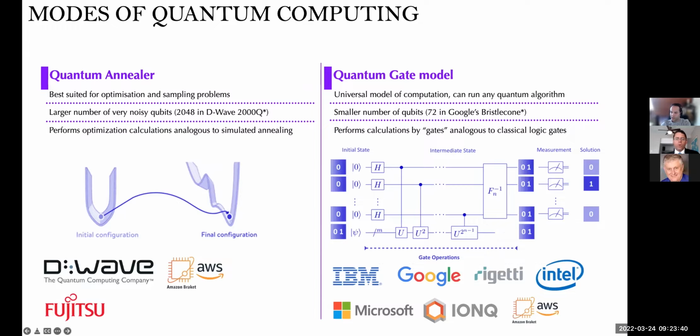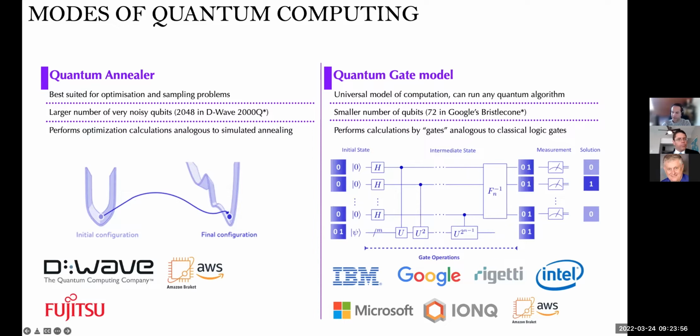Yeah, so essentially the quantum annealers, where the lowest energy state is calculated using the annealing of the qubit circuit. Again, as I said, the biggest provider right now is D-Wave.